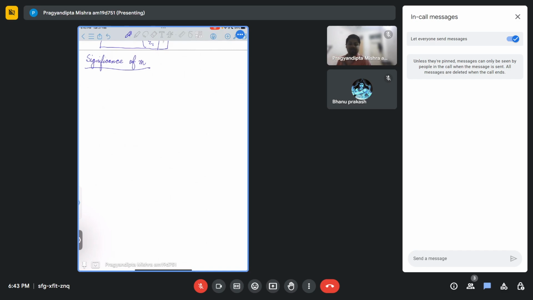Okay. So very large values of m would lead to something known as superplasticity. We will define what superplasticity is, but let's just first write it down.